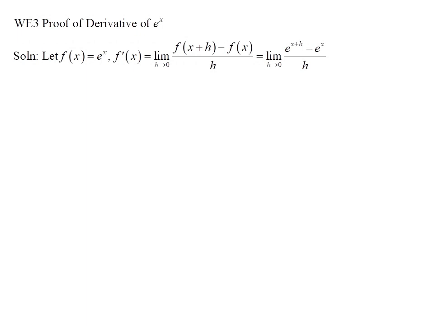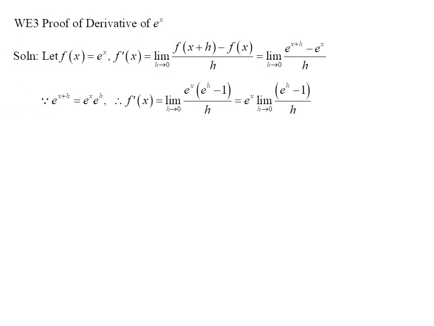Example 3 is to find the derivative of the function e to the x. Here we still use the first principle to find the derivative of this exponential function. So f prime of x equals the limit of f of x plus h minus f of x all over the step h as h approaches 0, which is written to the limit of e to the power of x plus h minus e to the x all over h as h approaches 0.